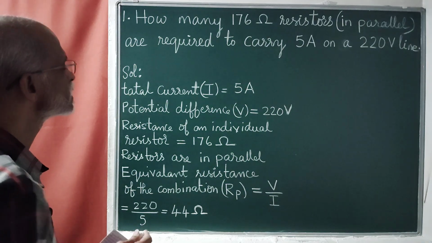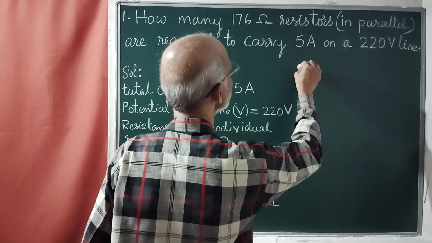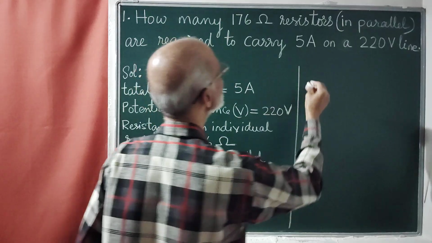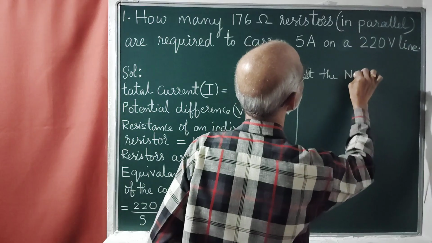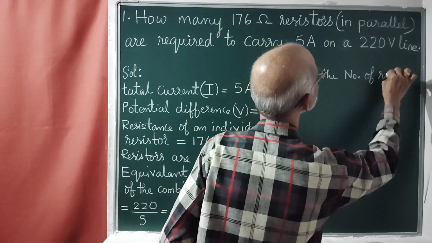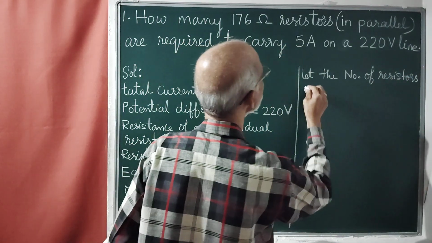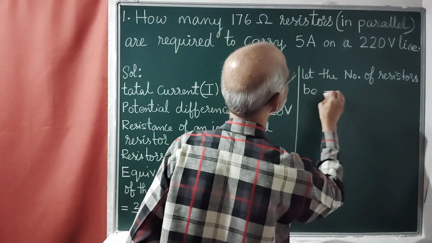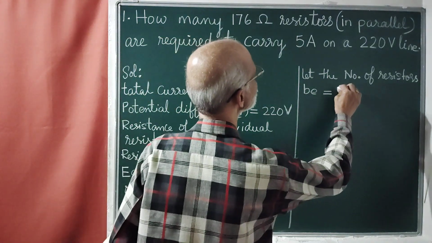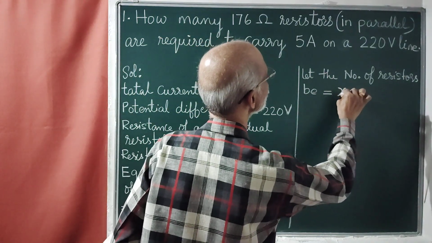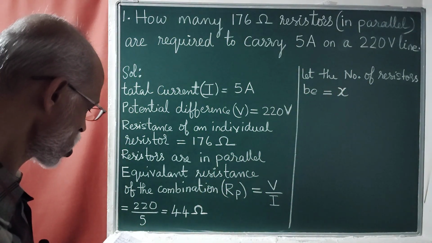Now we have to find out the number of resistors required. Let the number of resistors be equal to X. Let there be X number of resistors connected.